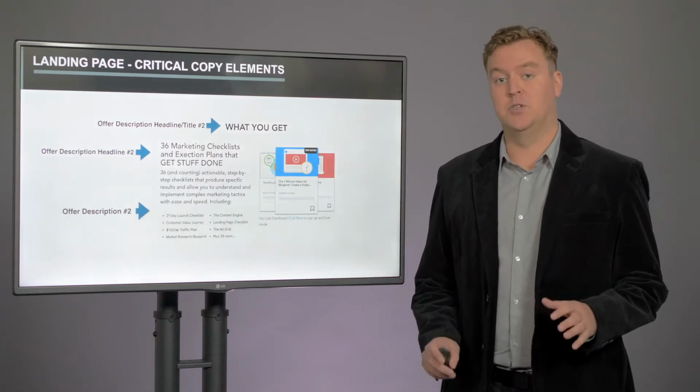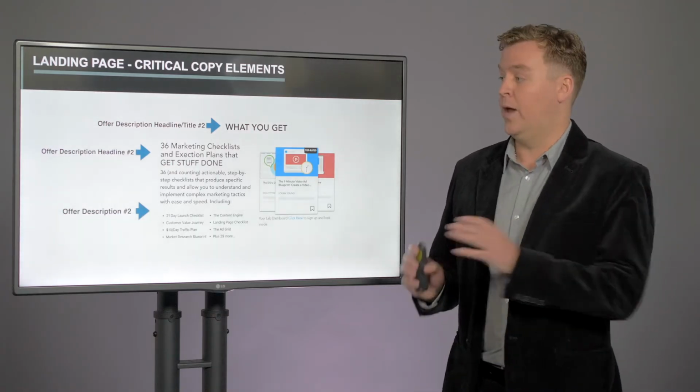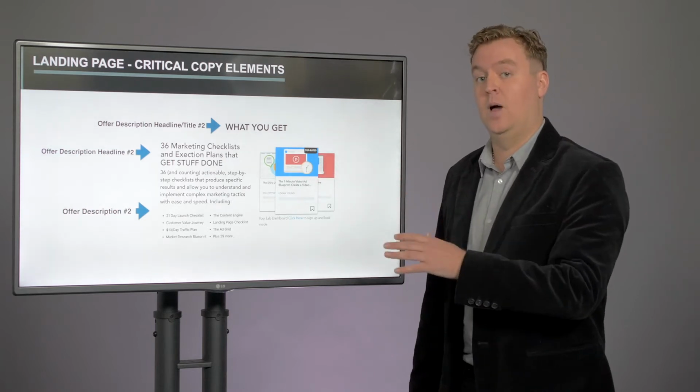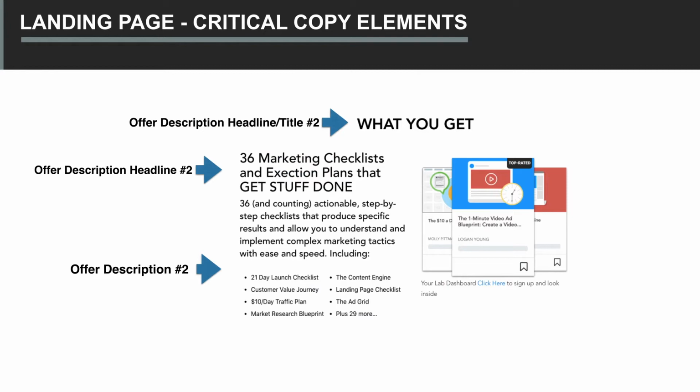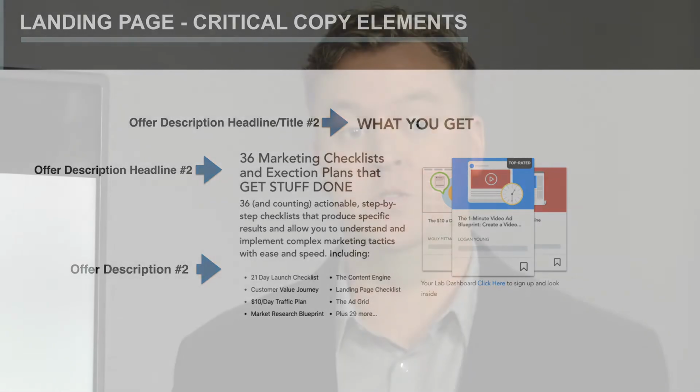In the case of this particular landing page, we have a second offer description and headline. While not all landing pages are the same, or there's some template out there that's going to work universally for every product or every brand, in this case, we are trying to sell Digital Marketer's flagship subscription service, Digital Marketer Lab, presumably to people who've never heard of it before or don't know what it is. So we have to explain in greater detail than we would for a smaller product or one that's a little more to the point.